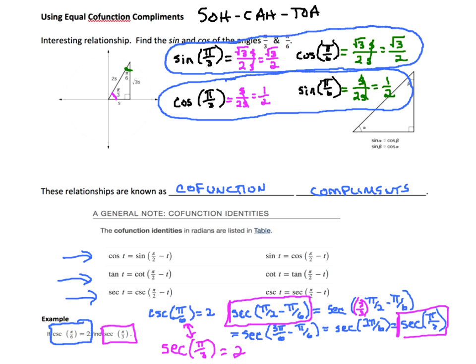Because pi over 6 plus pi over 3 is equal to pi over 2, which is at 90 degrees. So this is setting up the relationship between a 30, 60, 90 triangle. Everybody good? All right.